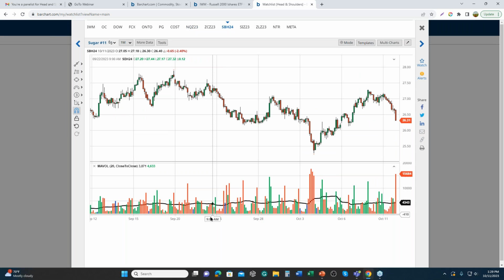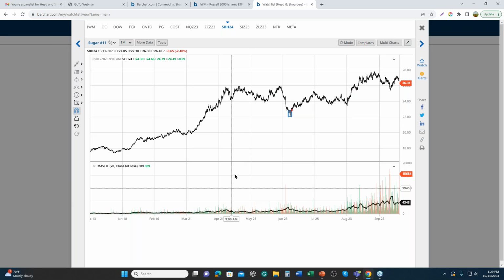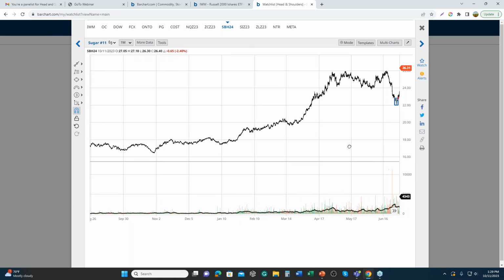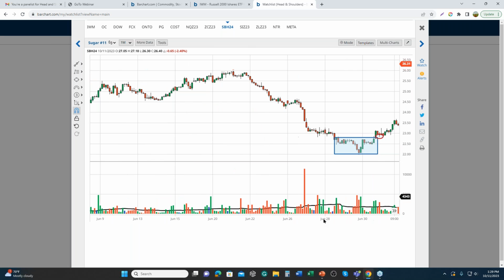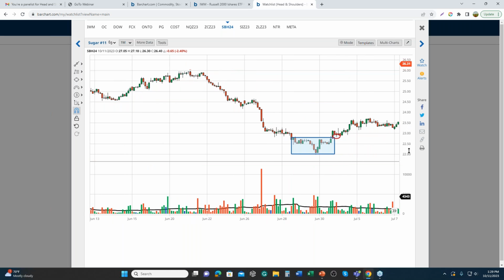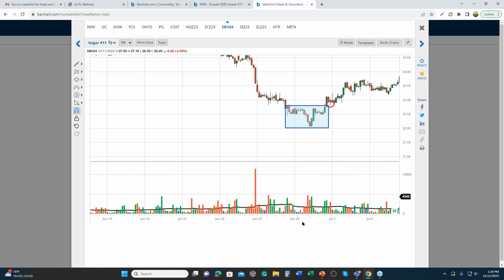So here's the sugar market. And again, we see typically in bottoming markets a little bit less price variation and a much flatter market.